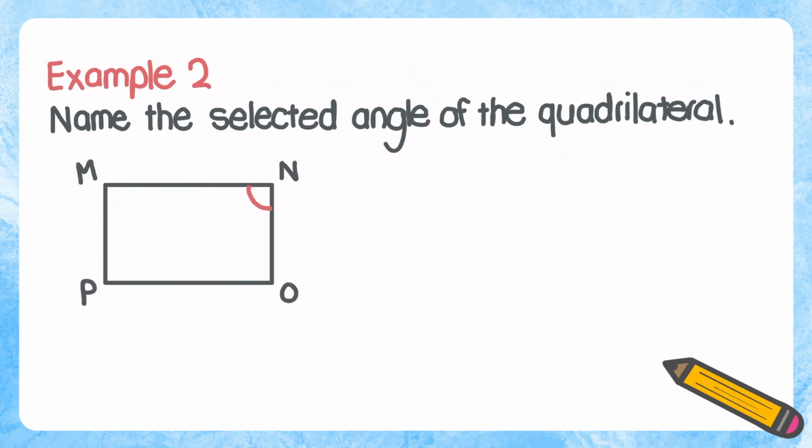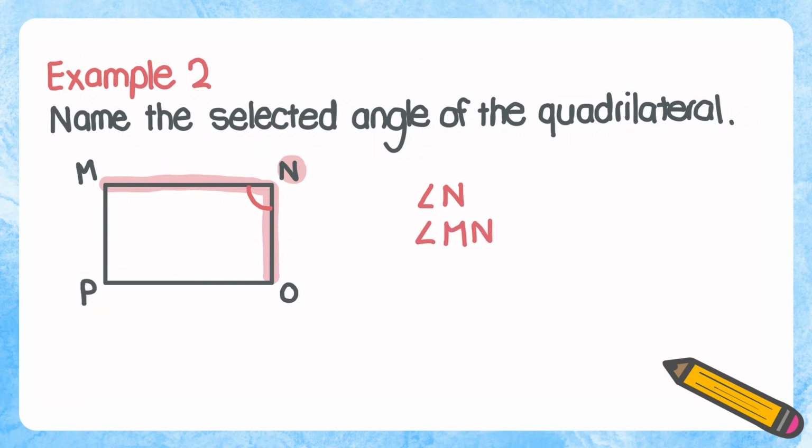In our next example, let's name the selected angle of the quadrilateral MNOP. We can call this angle N, since the angle is at this point N. We can also call this angle MNO.